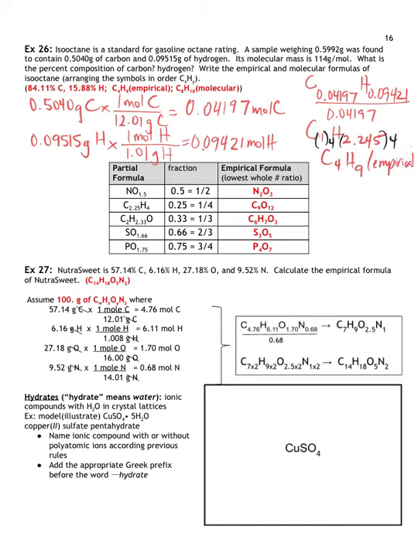To find my molecular formula, it's just a matter of figuring out my molecular mass and comparing it to the molar mass of my empirical formula. So I'm going to find the molar mass of my empirical formula, and 57.13 is my empirical mass.